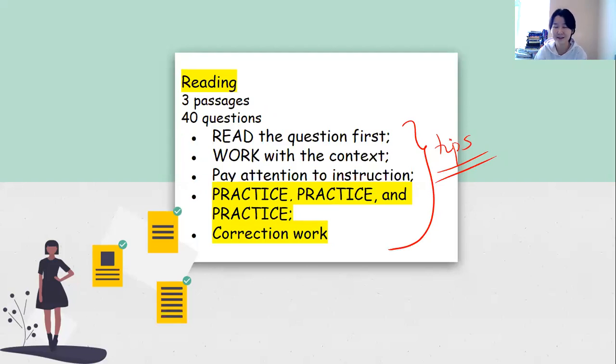The main mission for you is responding to the questions. That's why, firstly, please do us a favor and read the question first. Then second, work with the context. Even if you don't know some words, in 80% of cases it's possible to guess the meaning.